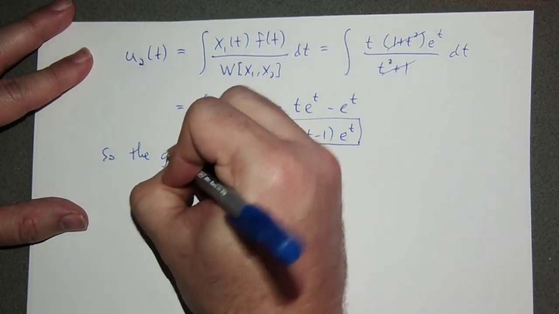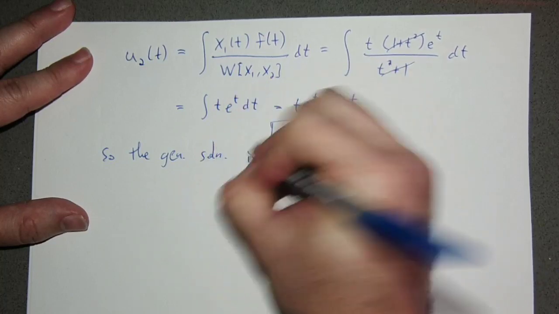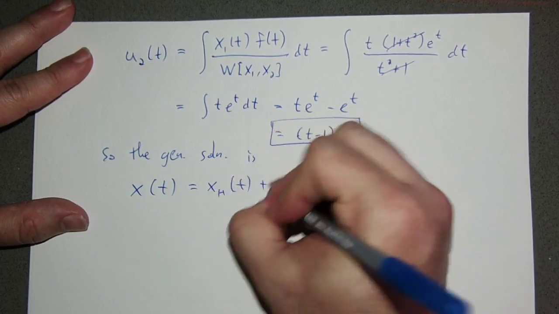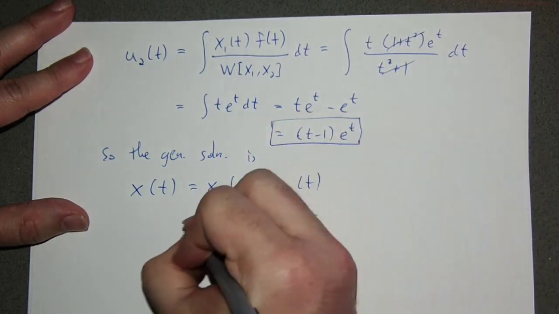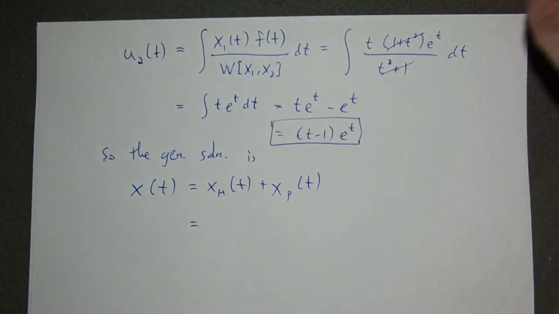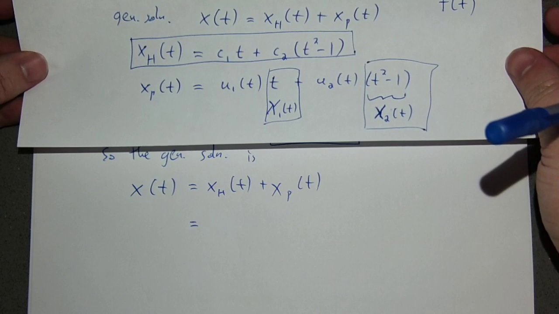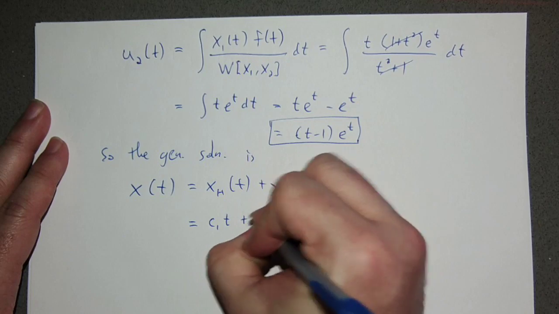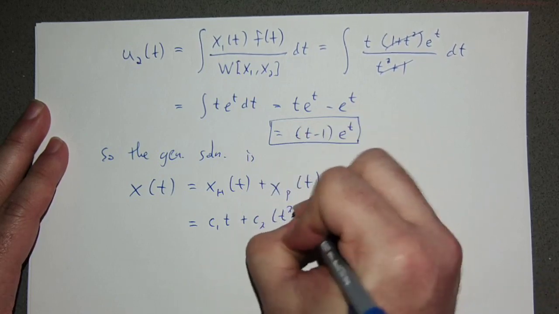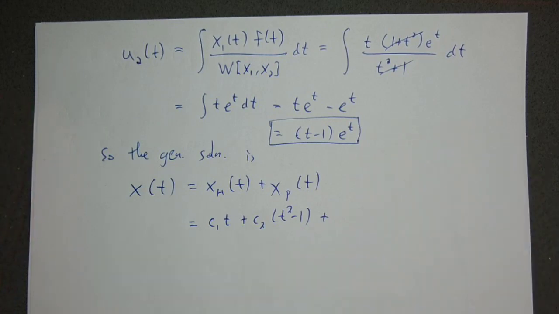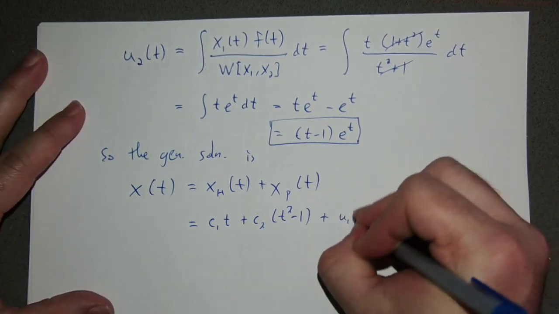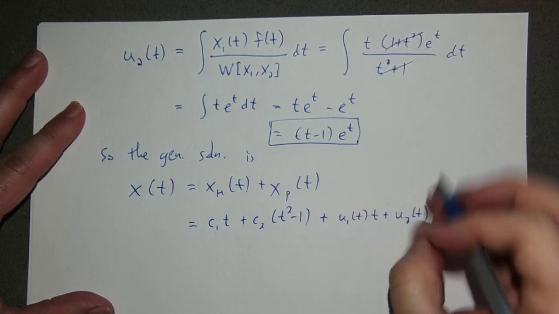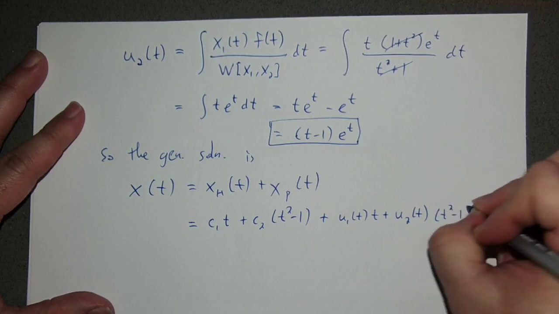So the general solution is x of t, which is homogeneous part plus particular solution. So the homogeneous part, as you recall, going back to the first, there it is. So this is c sub 1 t plus c sub 2 t squared minus 1 plus the particular solution, which is u sub 1 of t times t plus u sub 2 of t times t squared minus 1.